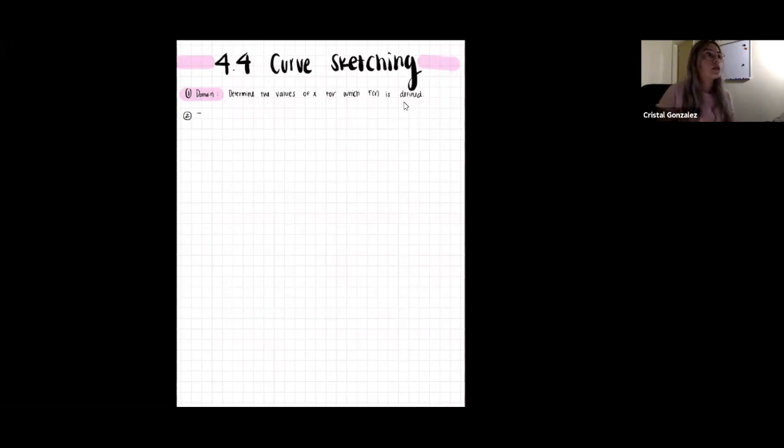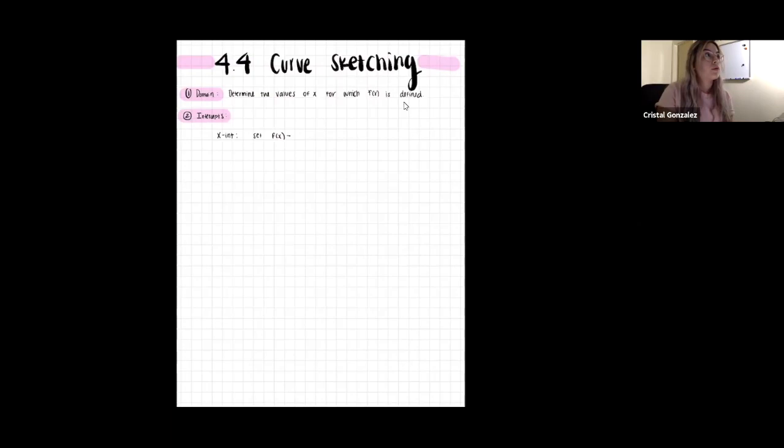So for the intercepts, remember that our intercepts is where they either cross the x-axis or the y-axis. So for our x-intercept, for example, we always set our y equal to 0, or in this case, f of x equal to 0.